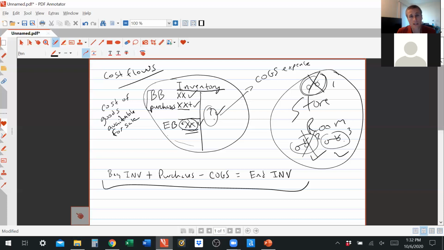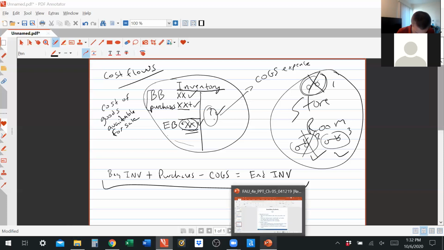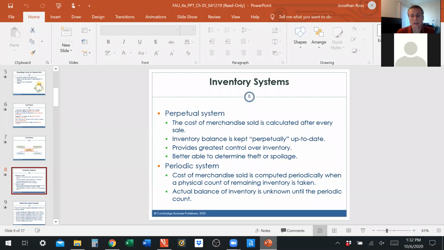So Walmart uses the perpetual system. Every time they sell an item from the inventory, the cost of goods sold is booked. So most companies find that the costs of using a periodic inventory system over a perpetual inventory system outweigh the benefits. And so most companies use a perpetual inventory system.